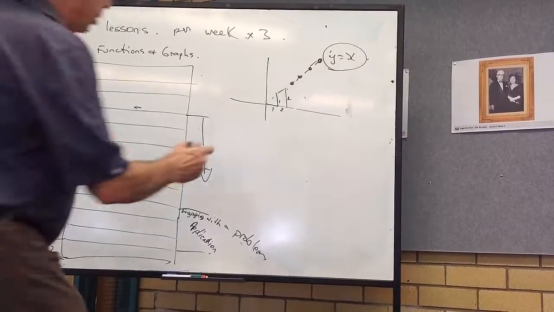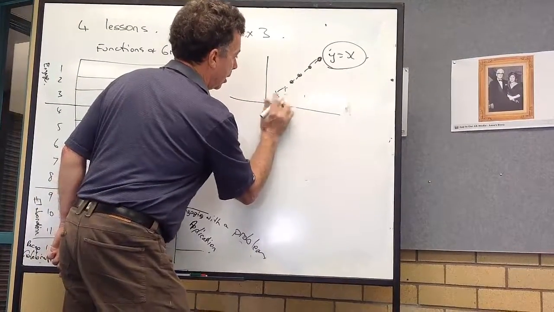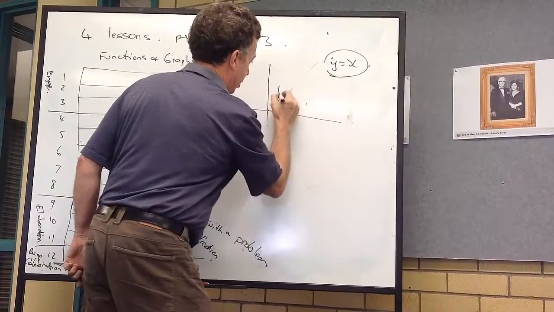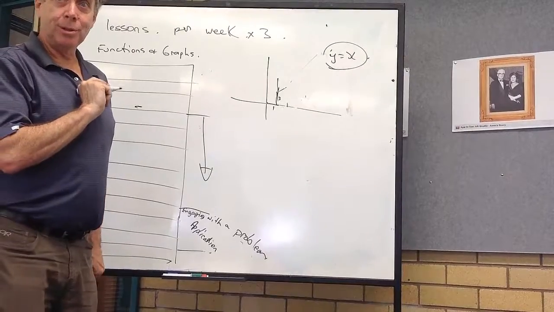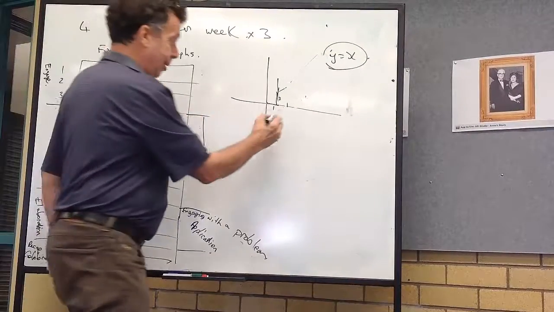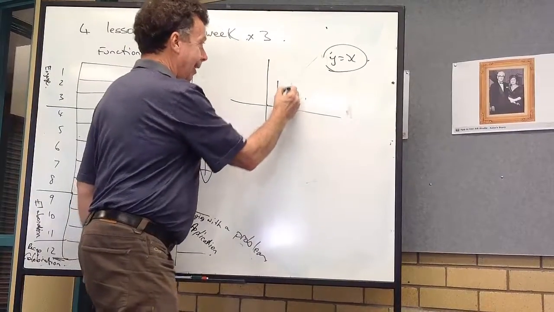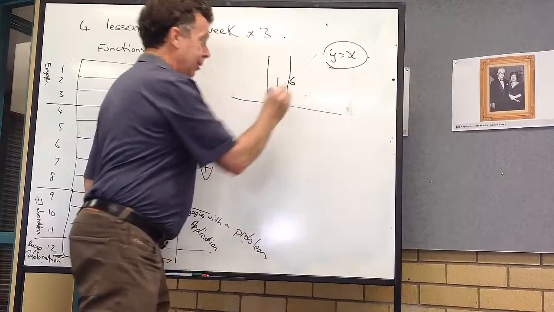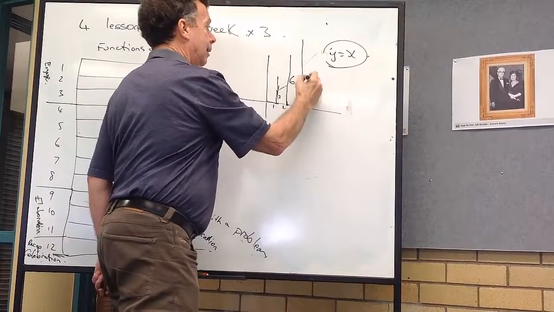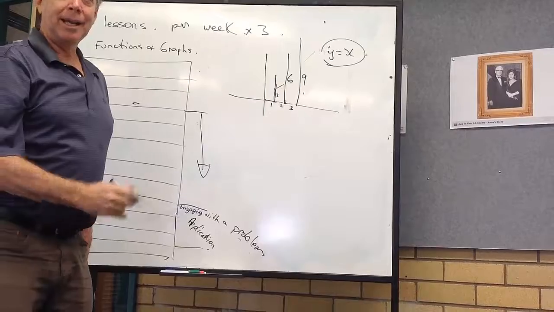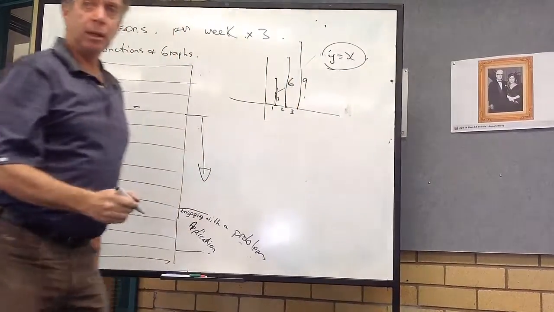If I tell one to go out to 1, 3, the next one to go out to 2, 6, and the next one to go out to 3, 9, and as you do more and more, again, you would generate a straight line.